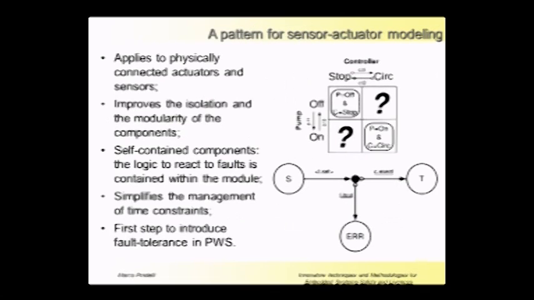An example that allows us to identify faults is this pattern for the modeling of sensors and actuators. This pattern applies to physically connected sensors and actuators, because we need to consider an actuator to be an asynchronous component. So the controller sends a command, but is not able to know if the command is successful or has failed.